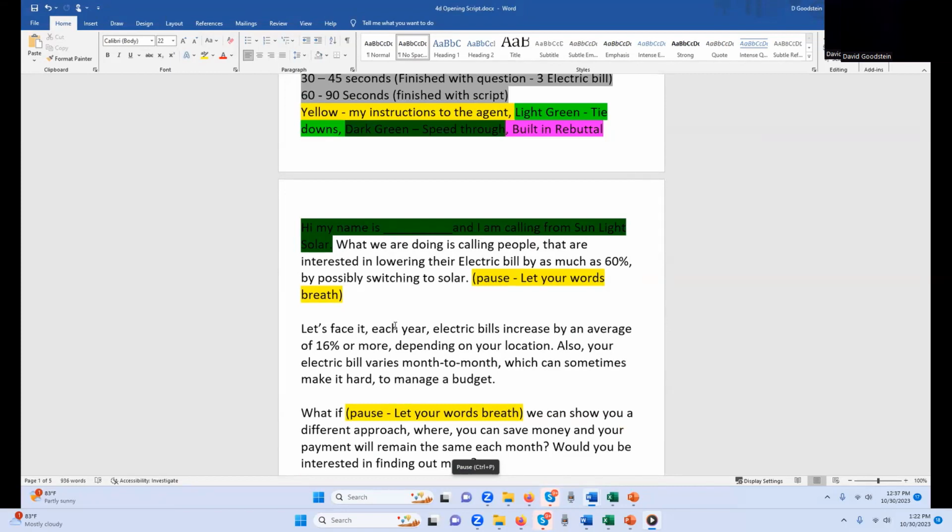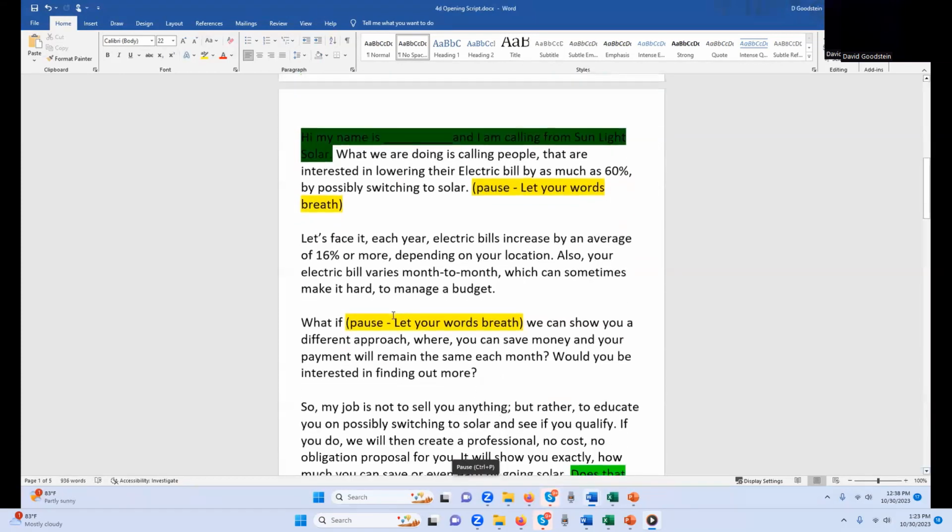Also, your electric bill varies month to month, which can sometimes make it hard to manage a budget. What if we can show you a different approach where you can actually save money and your payment will remain the same each month? Would you be interested in finding out more?